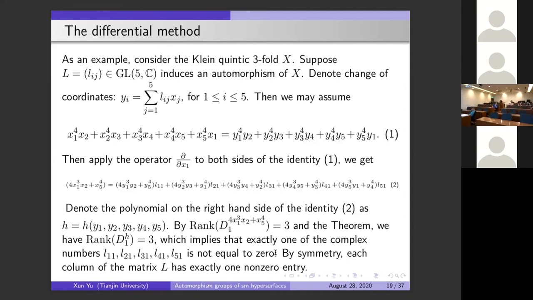That means the first column of this invertible matrix has exactly one non-zero entry. Then by symmetry, you can do the same kind of argument, and the other columns also have this property. Then because L is invertible, L is just a permutation of the shape we want. So that's how you prove that.